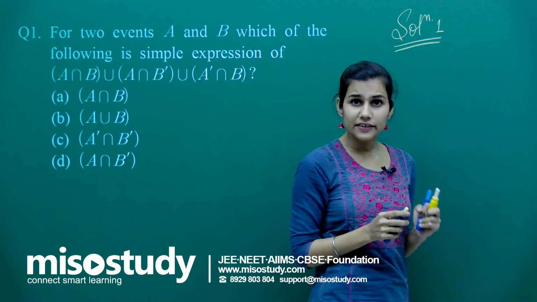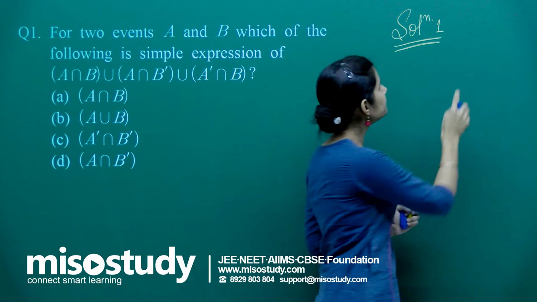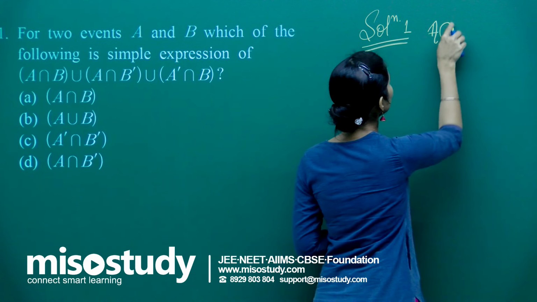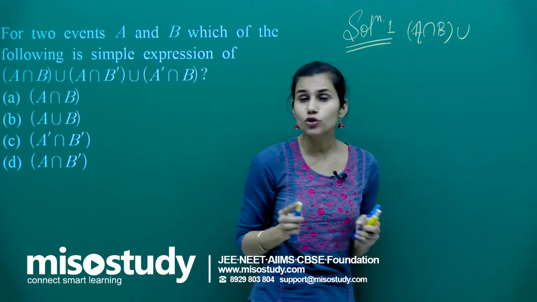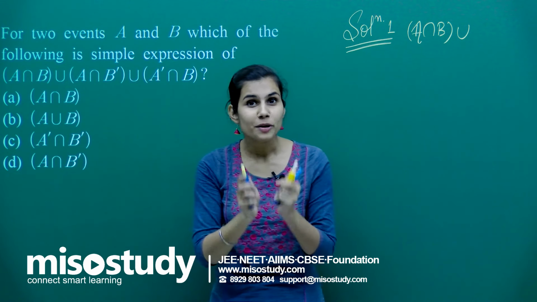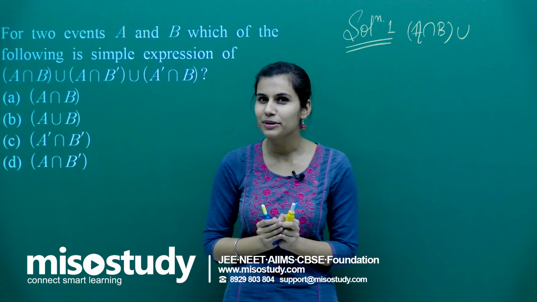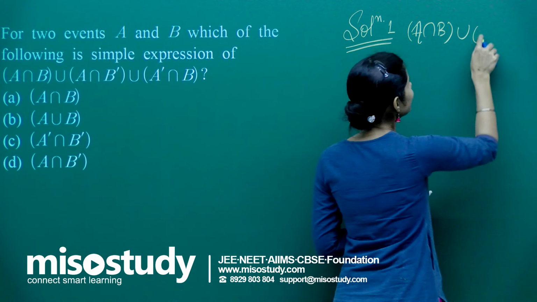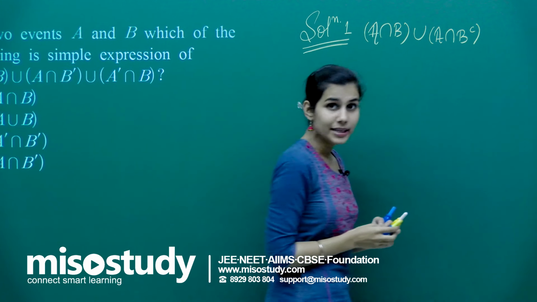The expression given to us is A intersection B. This particular set is taken union with A intersection B complement. Remember, we had done 3 expressions in which the complement of a set can be written. The second set is A intersection B complement.